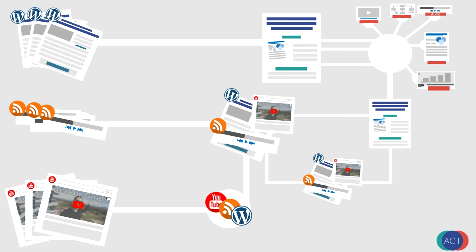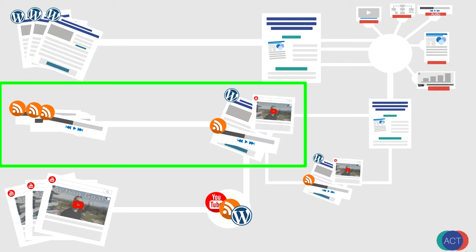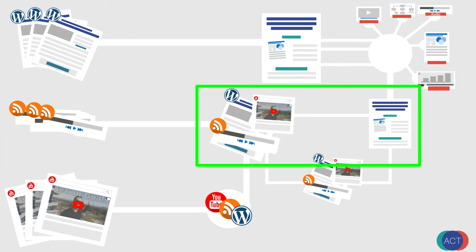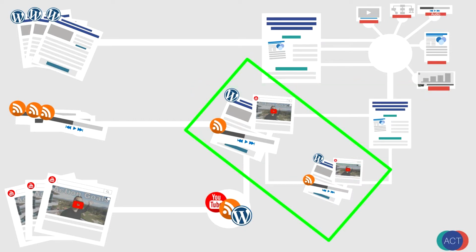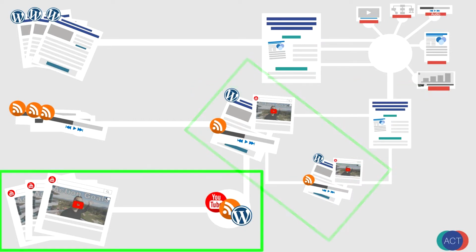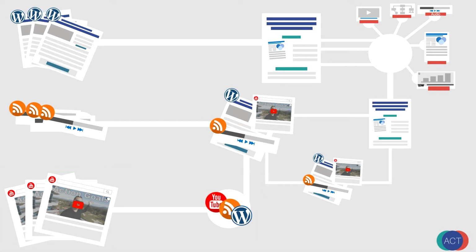The next piece of content, instead of linking directly to the landing page, we can link them to another piece of content that can link to a landing page or link to another piece of content. And finally, we can just ask them to follow, like, or subscribe. And so each piece of content should be designed to get them to do something, but your ideal customer isn't necessarily always going to be ready to make that purchasing decision.